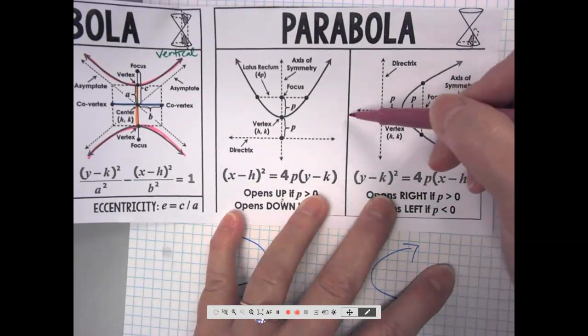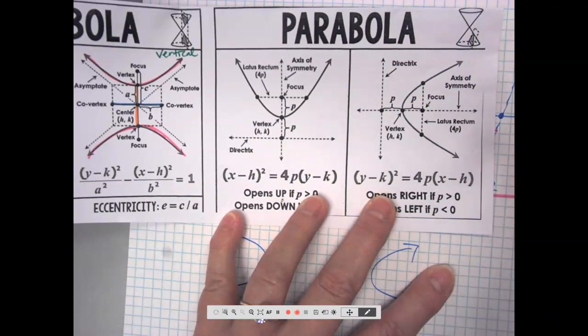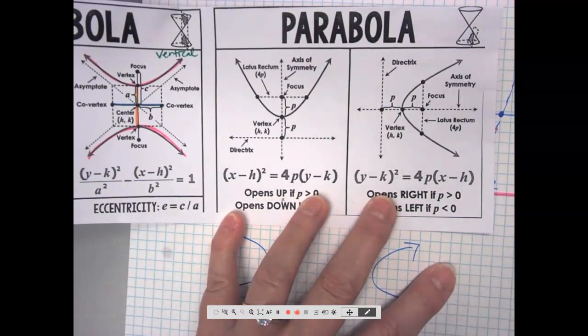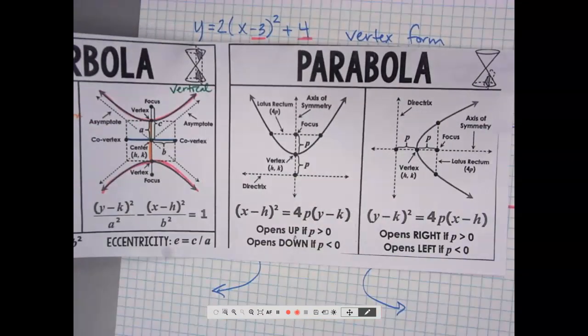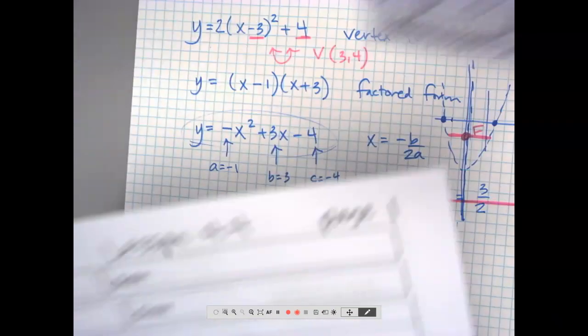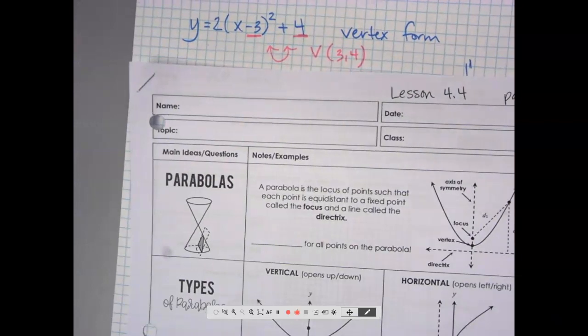Then, like we mentioned before, you have that axis of symmetry that cuts through the very middle of the parabola. Some of those terms you've used before, some are going to be new. Let's take a look at it in the notes, and then we'll talk about how to graph them today.